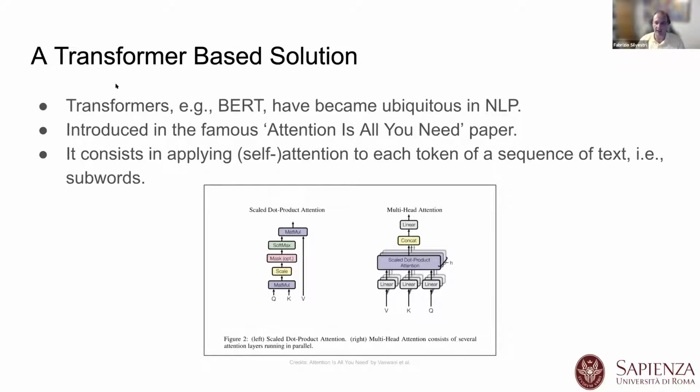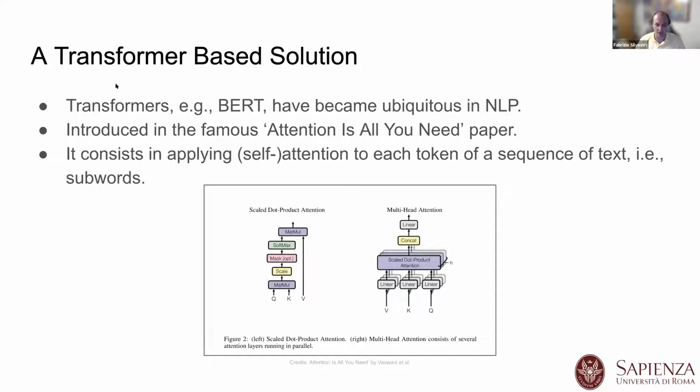They have received a huge amount of attention. Sorry for the pun. They are basically ubiquitous, and in the last months they've actually started to be used also in computer vision, with vision transformers and subsequent improvements to the model.